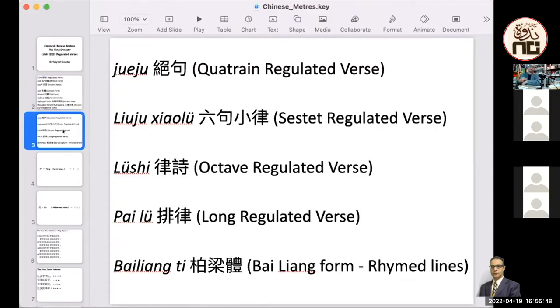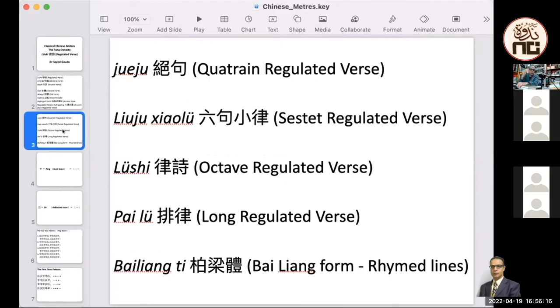So the form of the poem in the Tang Dynasty changed or took different names according to the length of the poem. If the poem is 4 lines, then it's called 绝句, quatrain regulated verse. If it's 6 lines, meaning sestet, then it's 六句小里.